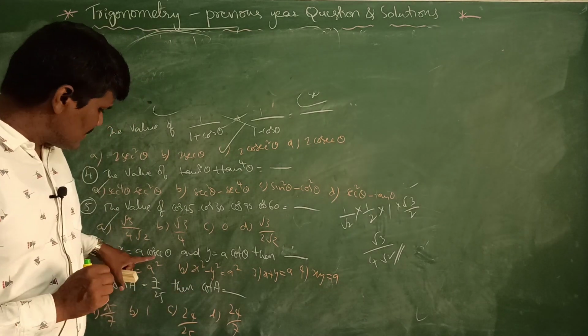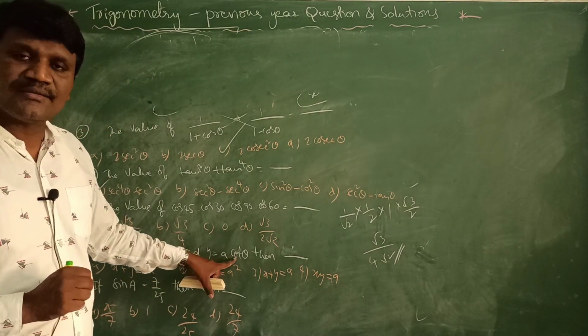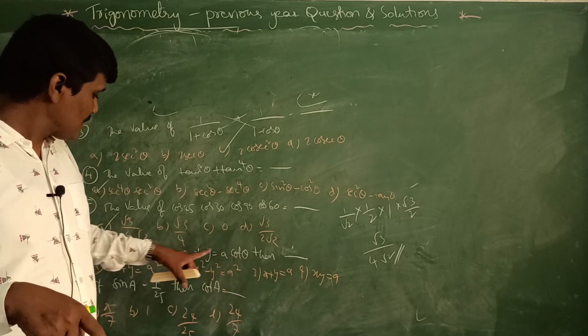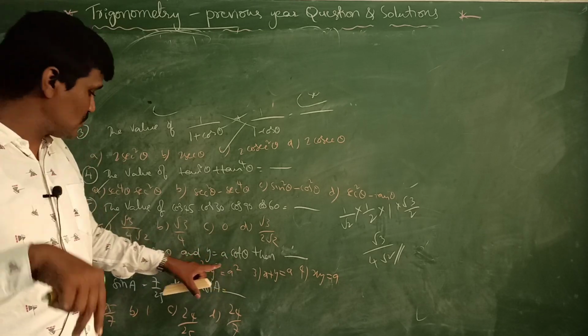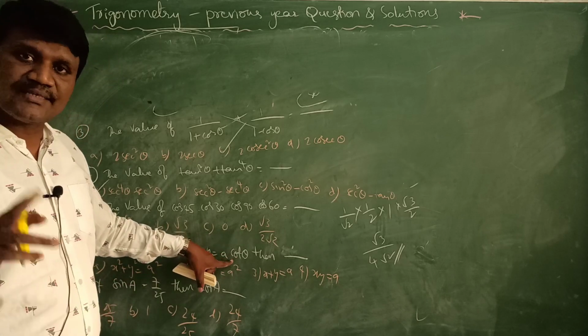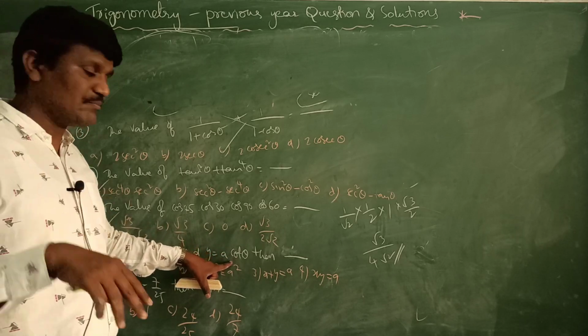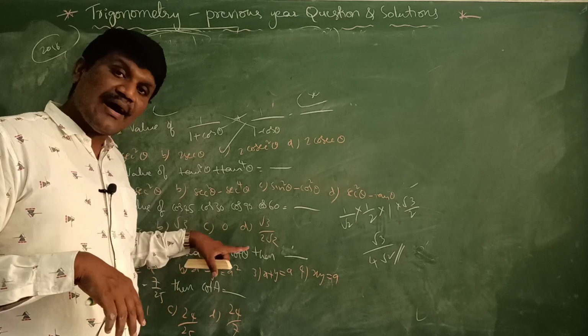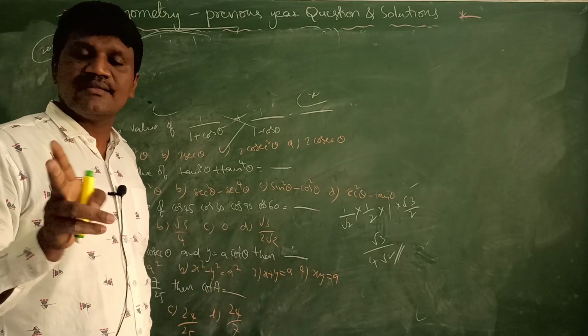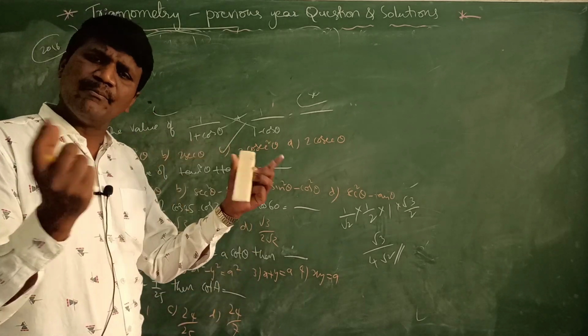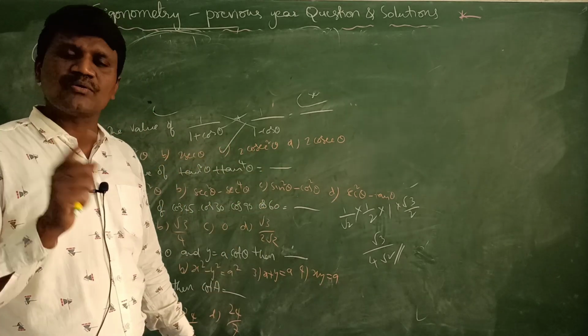If the question has sin theta and cos theta, that comes from identity number 1. If sec theta and tan theta, that comes from identity number 2. If cosec theta and cot theta, it comes from identity number 3. If it is sin theta and 1 by sin theta, cosec theta, then there is no identity. Simply multiply sin theta and cosec theta.